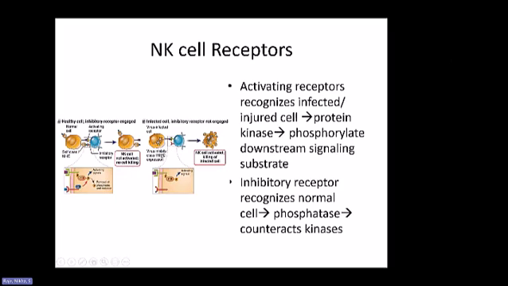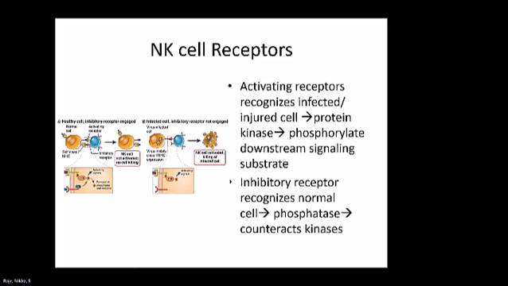Whereas if there is an infected cell, the typical virus will actually cause the MHC class 1 to not be expressed. So when that damaged cell comes across an NK cell, the inhibitory signal is not received by the inhibitory receptor. And the activating receptor is still active so that it results in the killing of that injured cell.